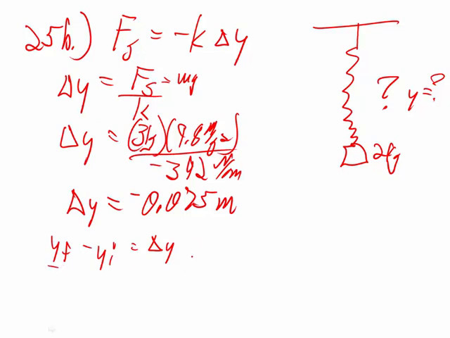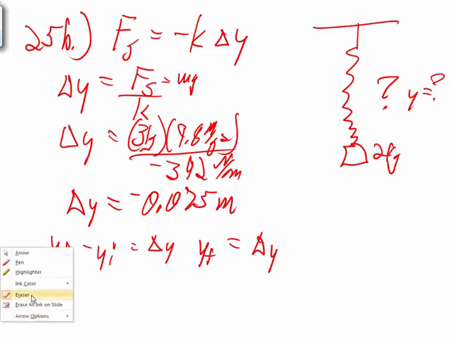So we got change in Y. So Y final is going to be equal to what? Delta Y is equal to what? Oh, dang it. Y final plus Y initial.